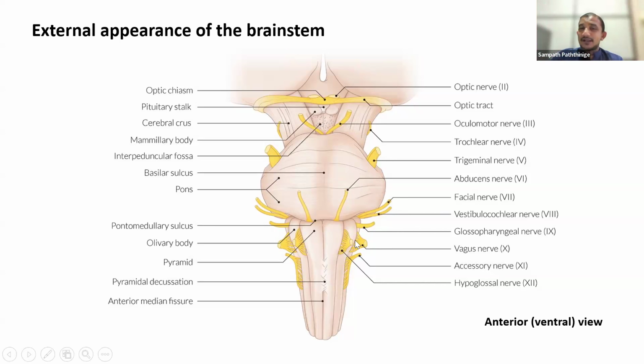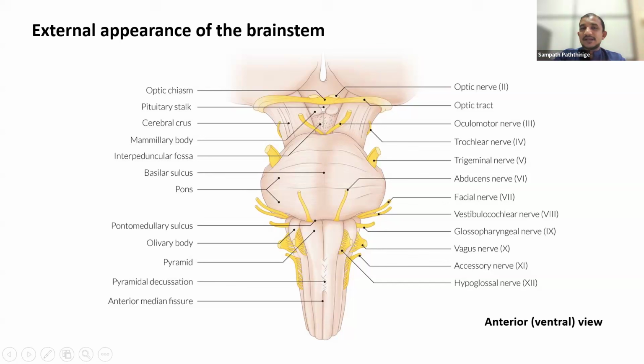And in the upper medulla, we have the two olives and further the two inferior cerebellar peduncles. The pons has a central groove, the basilar groove, which is for the basilar artery, right? And in the midbrain, we have two elevations on either side, which we call the cerebral peduncles or the crus cerebri, and the interpeduncular fossa in the center, right?